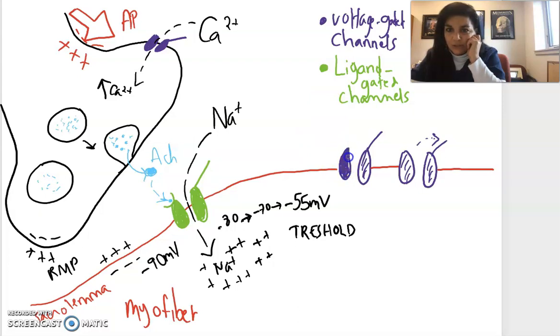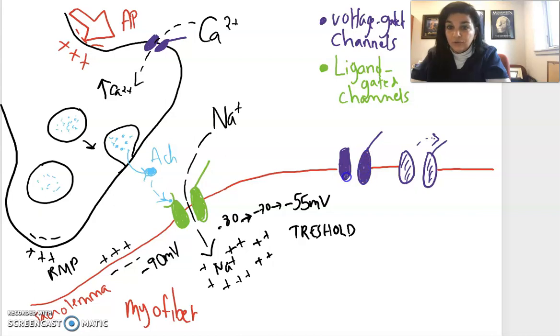Originally, when the voltage was changing with the entrance of the sodium ions over here, they didn't open right away because they're wondering if it's still going to be worth it. They're waiting for enough depolarization to actually open up, and that's what we call the threshold.